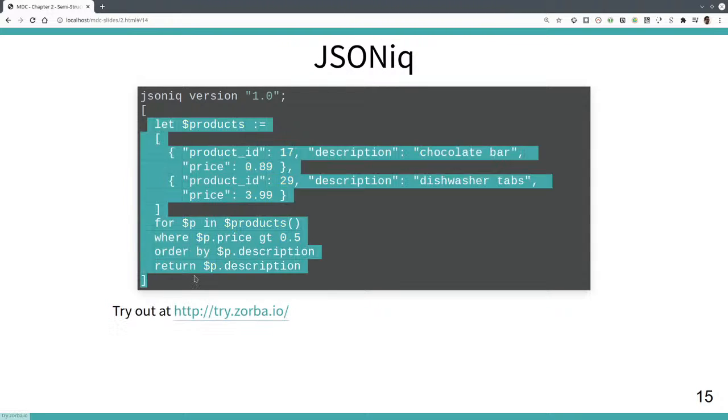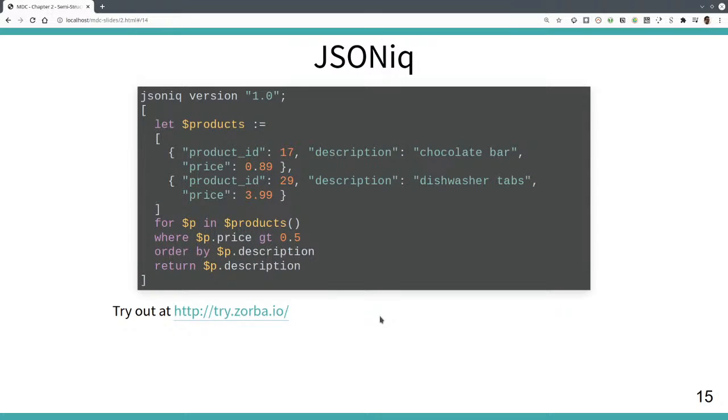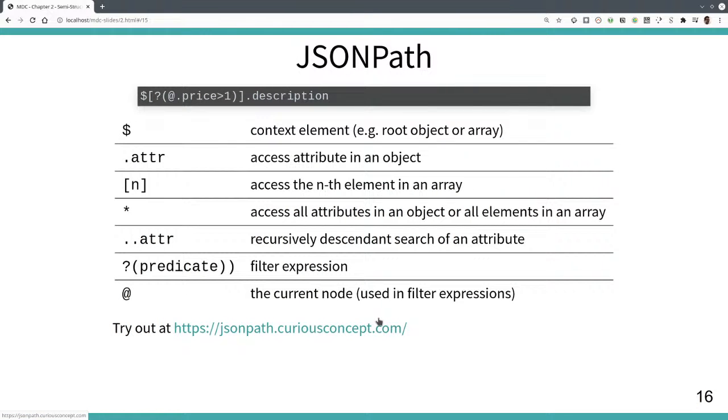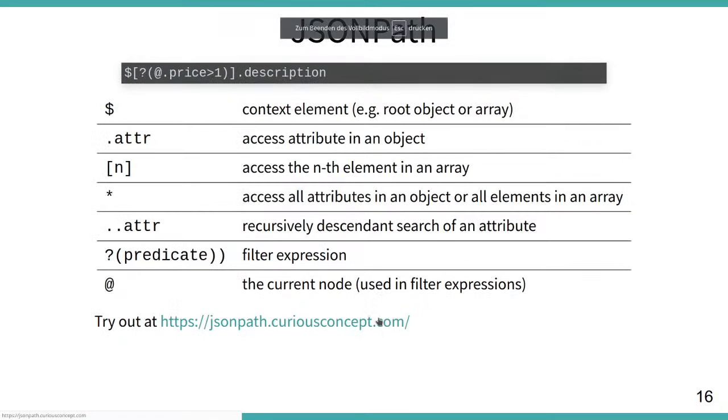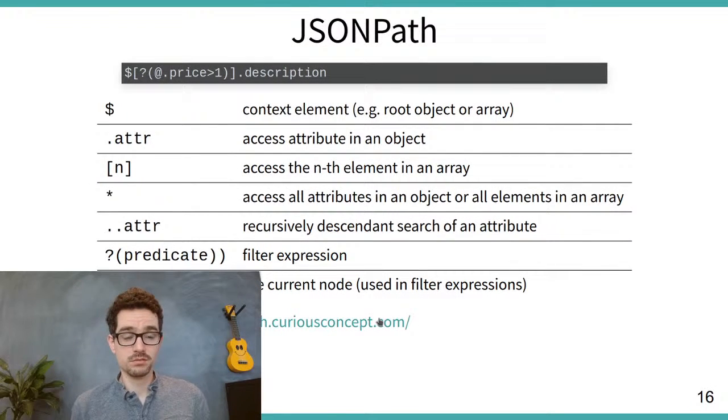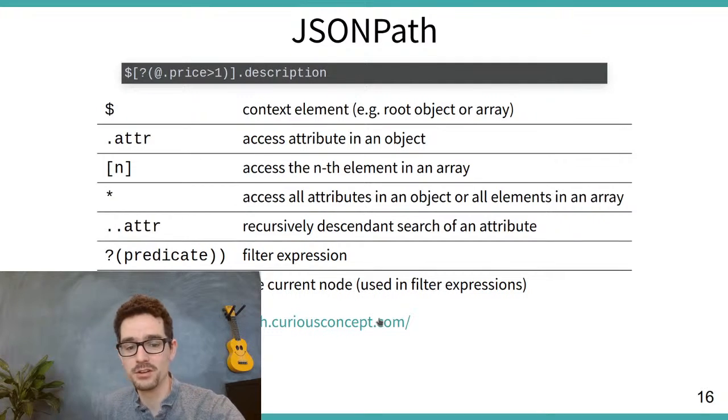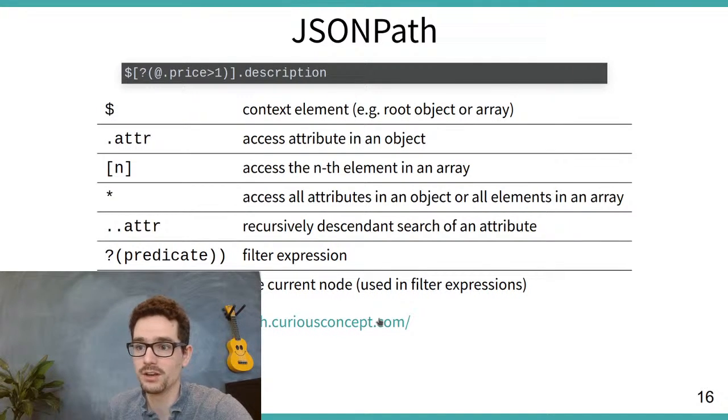So here you again see the flower expressions from XQuery. A much more important query language is JSONPath. That's basically, no, there is no standard query language, but if there would be a standard query language, it could be JSONPath.